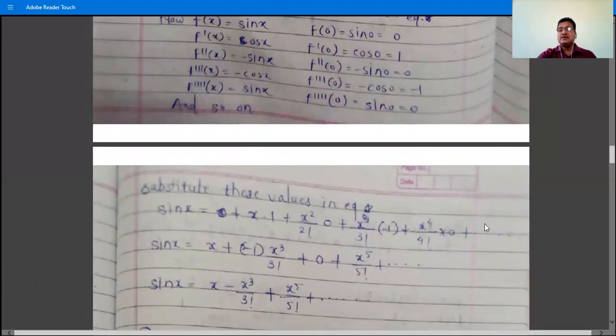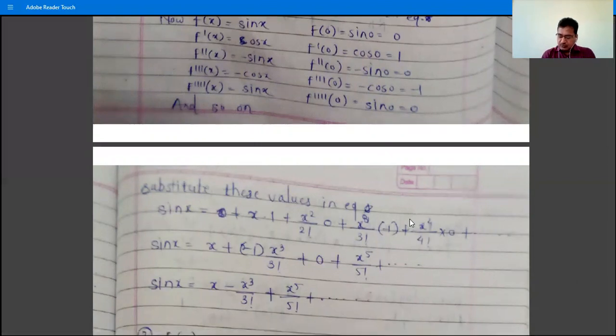Then the next term is x raised to 5 by 5 factorial into 1. So I find here the fifth derivative, f raised to 5 of x, is what? Cos x. And so the value at 0 is cos 0, which is 1. So write that term, x raised to 5 by 5 factorial into 1.